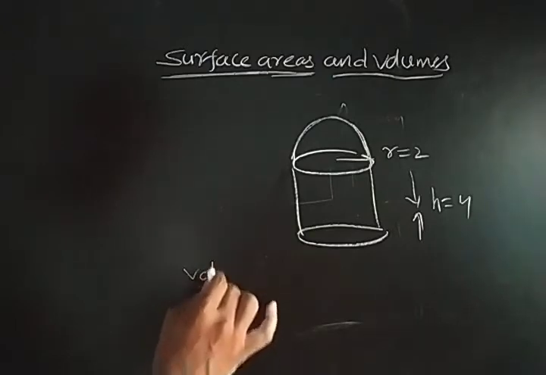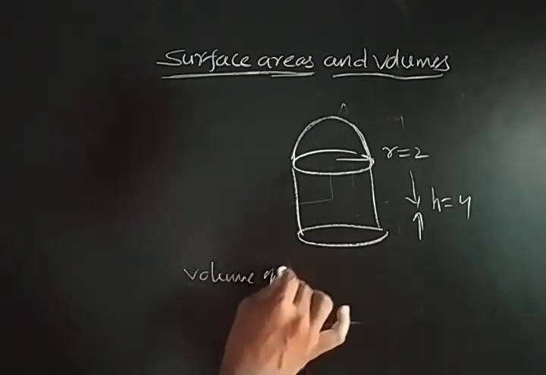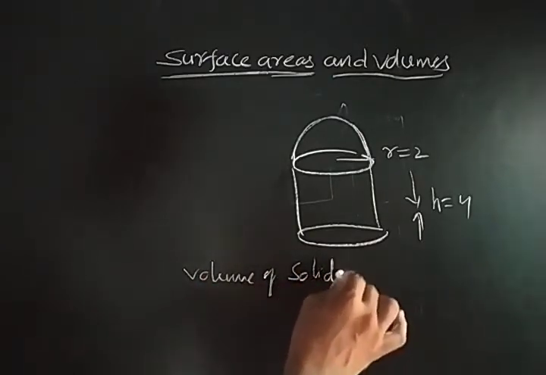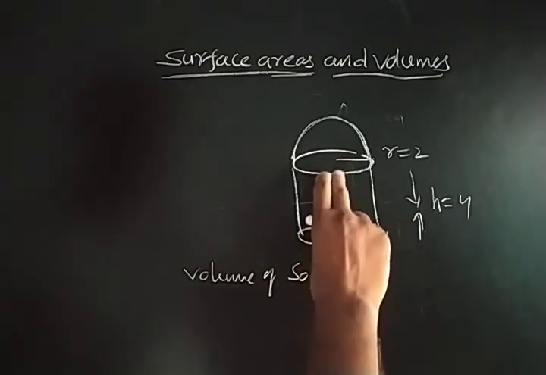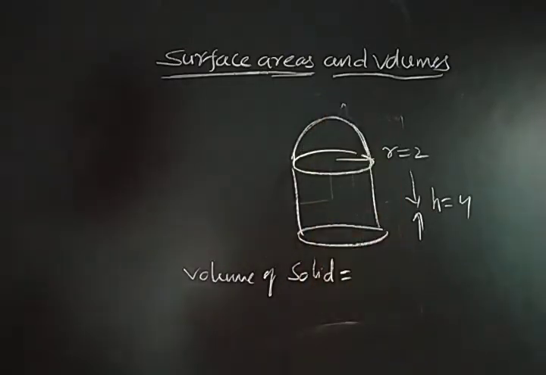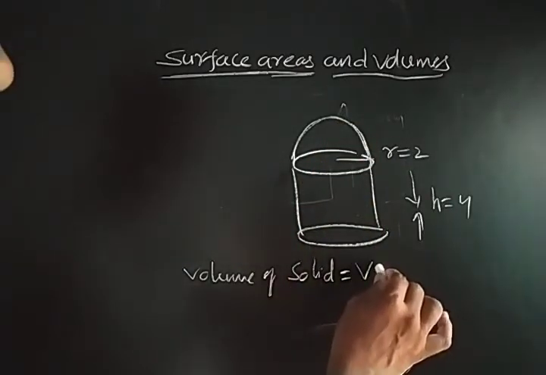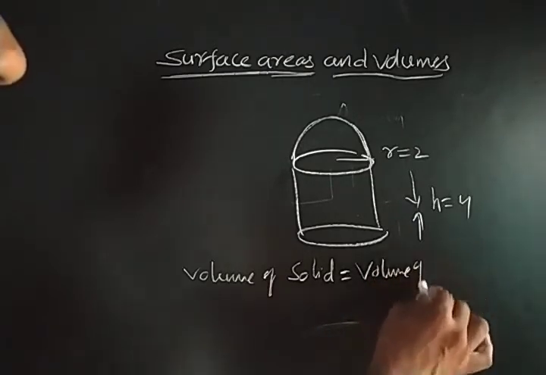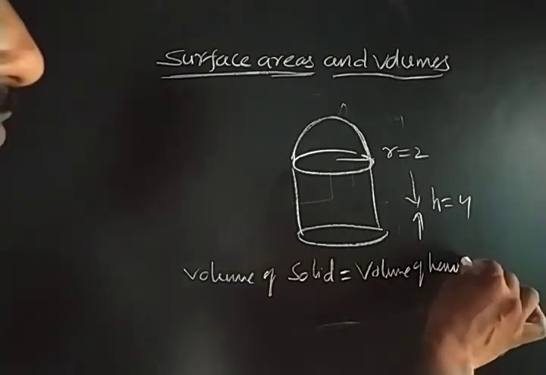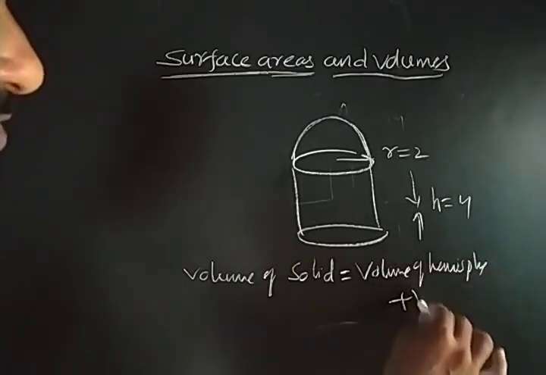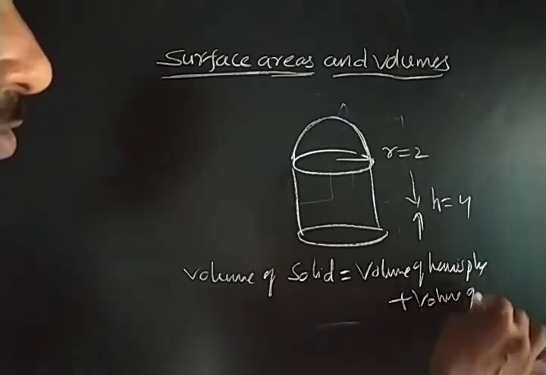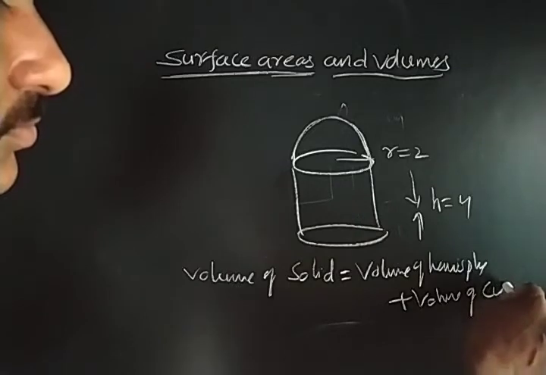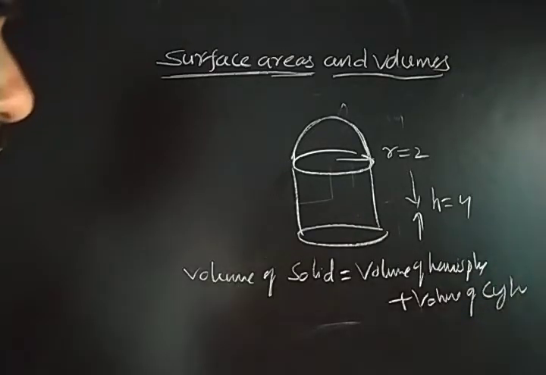So the volume of the solid. How to get the volume of the solid here? This is a combination of cylinder and hemisphere. By adding the volume of cylinder and the volume of hemisphere, we will get the volume of the solid. So volume of hemisphere plus volume of cylinder will give the volume of the total solid.